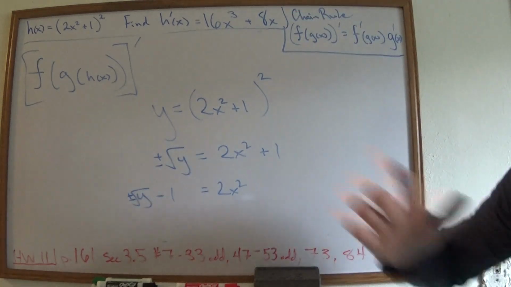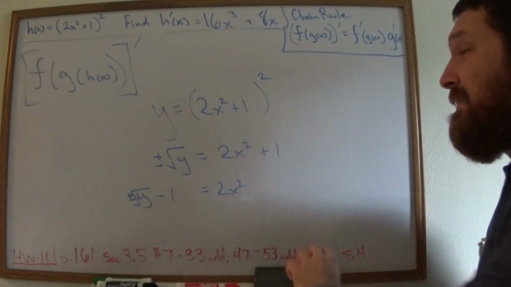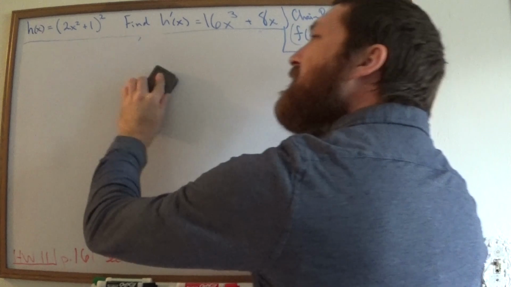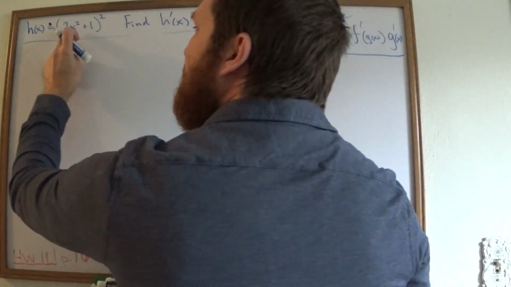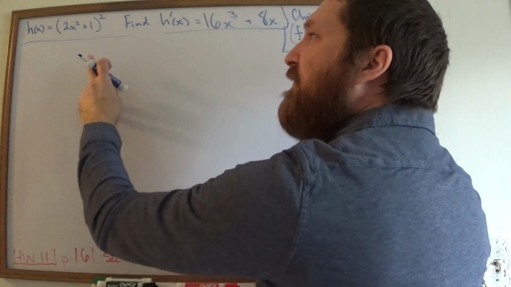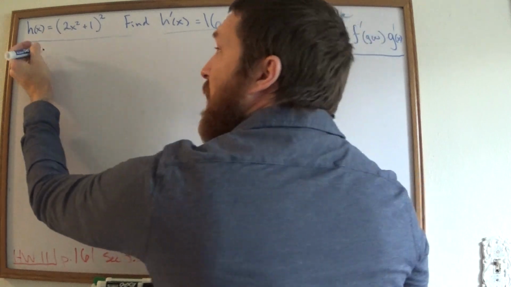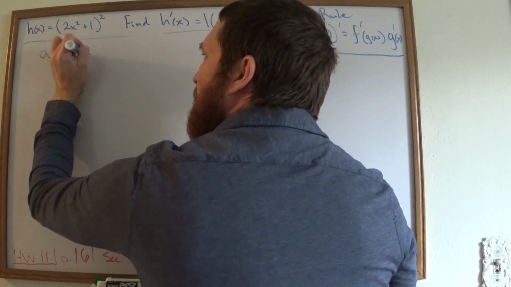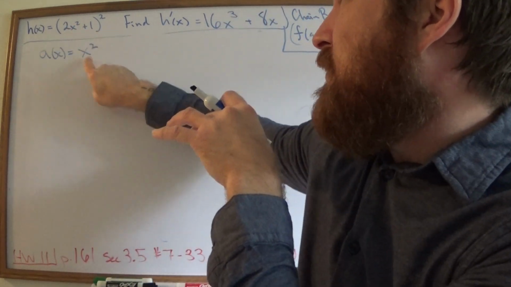Interesting. We could have written this as a composition of a ton of functions. In fact, I'd like to do that right now, just to check if this chain rule really is a chain. So let's think of h of x. The very first function we could think of is just x squared, and I'm going to call that a of x. It says, as I'm trying to evaluate this thing, take your value and square it.